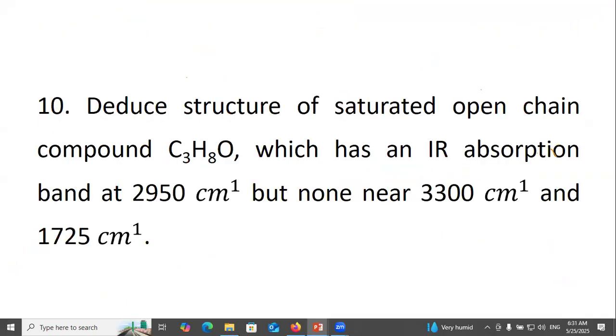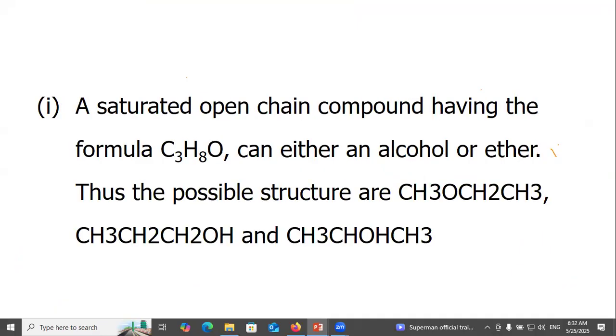Deduce the structure of a saturated open chain compound C3H8O, which has a strong absorption band at 2950 per cm, but none near 3300 per cm and 1725 per cm. A saturated open chain compound having the formula C3H8O can be either an alcohol or ether. Thus, the possible structures are CH3OCH2CH3, CH3CH2CH2OH, and CH3CHOHCH3.